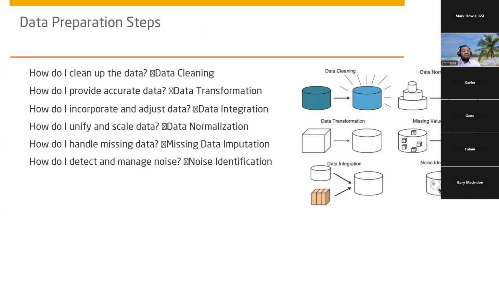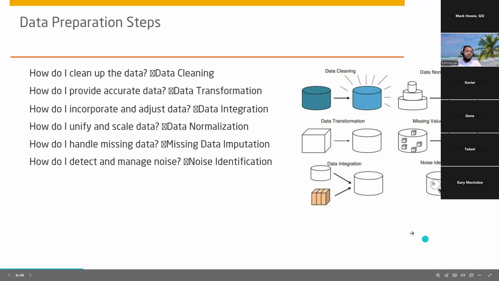And of course, you can identify and manage noise in your data sets, because there will always be random data that is not useful for your analysis. So you need to be able to get the noise, the anomalies in your data sets.